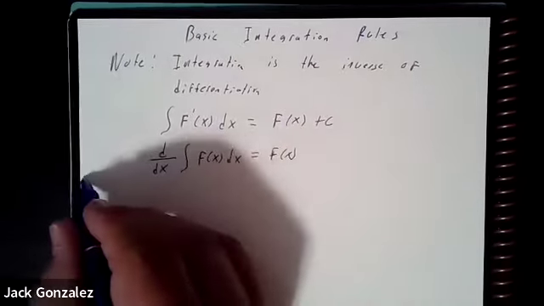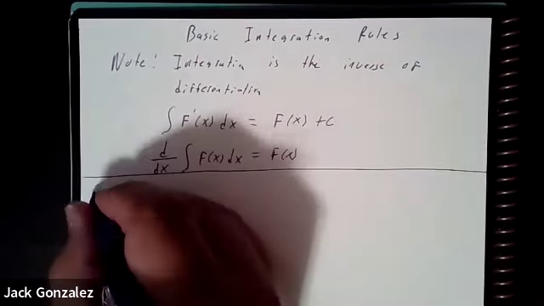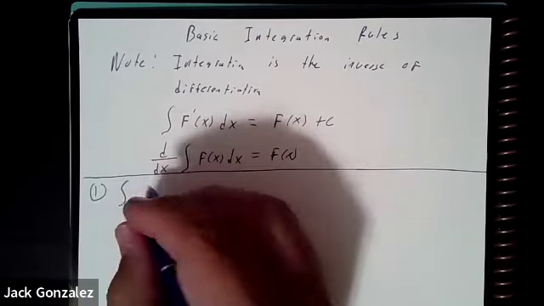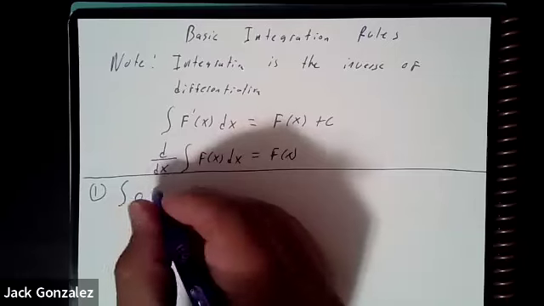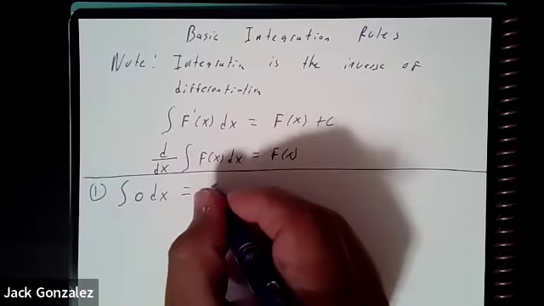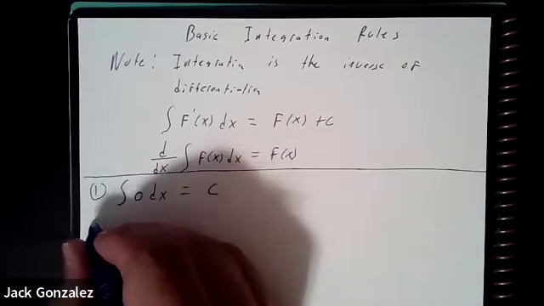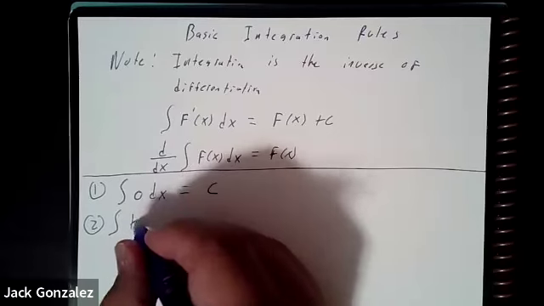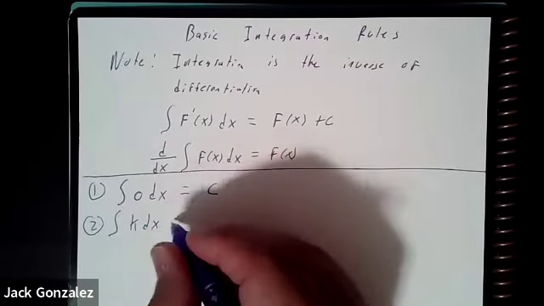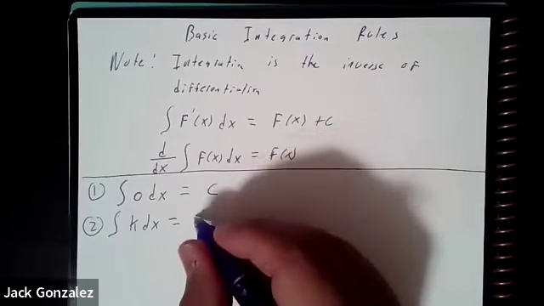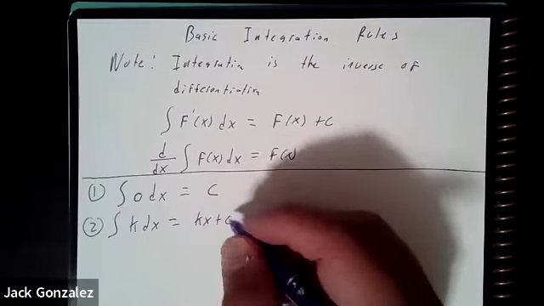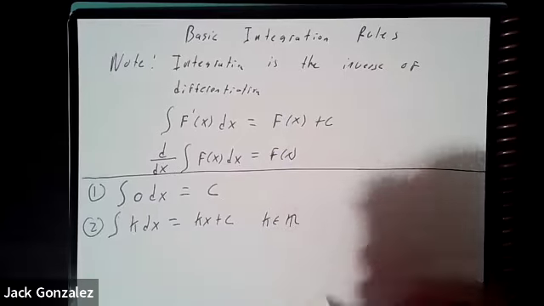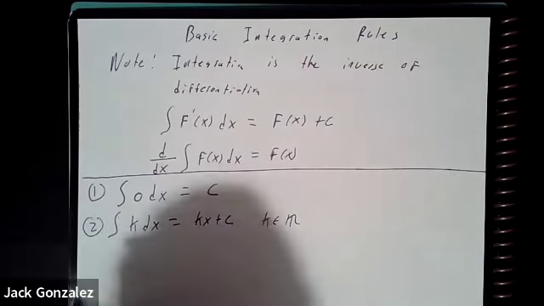So, time for formulas. If you integrate or take an antiderivative of 0, you will get a constant. If you integrate k dx, some constant k, then you will get kx plus c, where k is just some real number. Number 3.